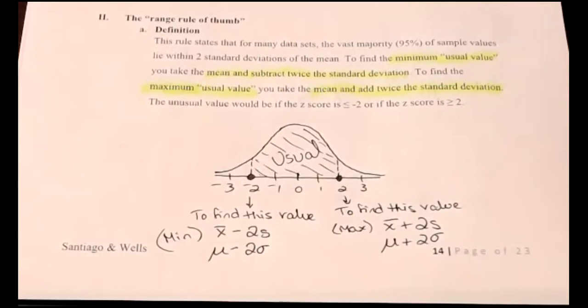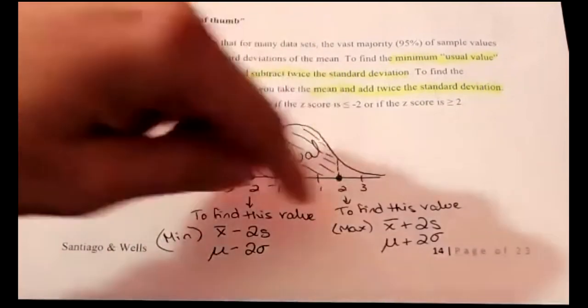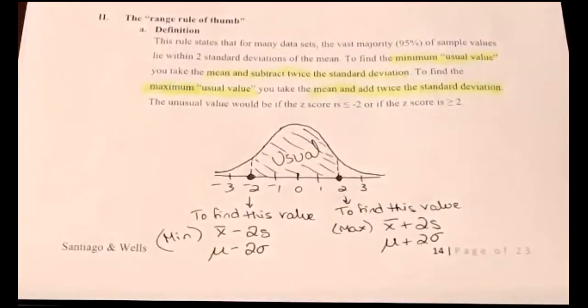That's usual, that's typical. You expect that your values will be within these 2 bounds. Think about it. I mean, 95% of the population fits within 2 standard deviations of the mean. 95%. So that's totally usual.